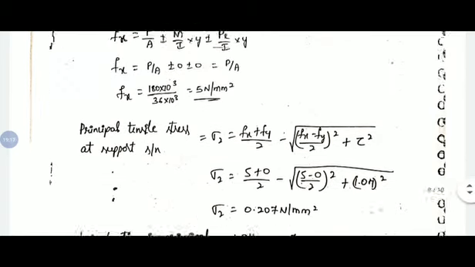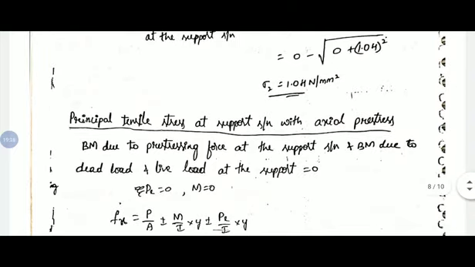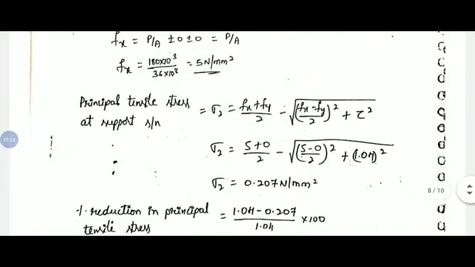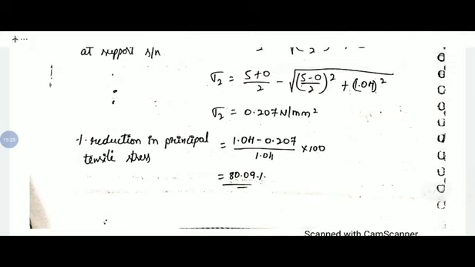So you can compare here: without pre-stressing force we have 1.04 Newton per mm square, and with pre-stressing force we have 0.207 Newton per mm square.